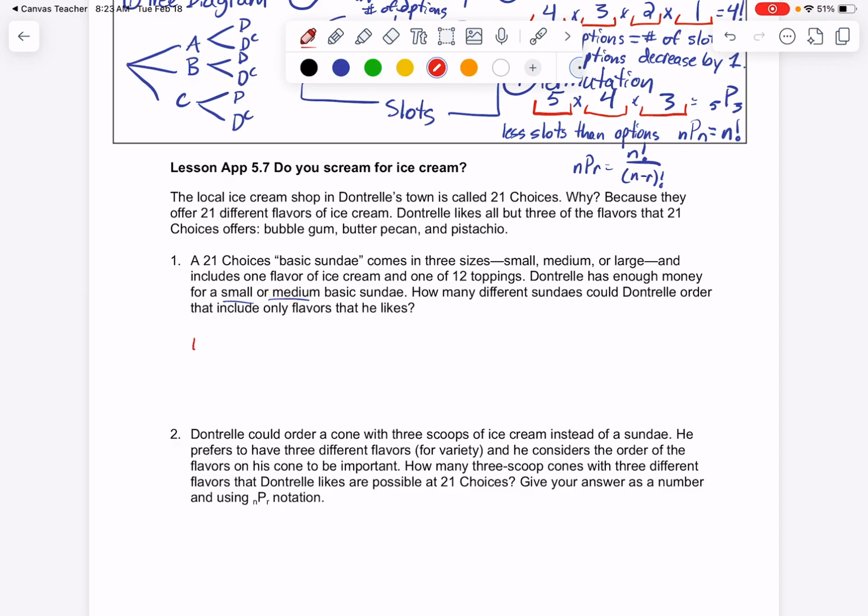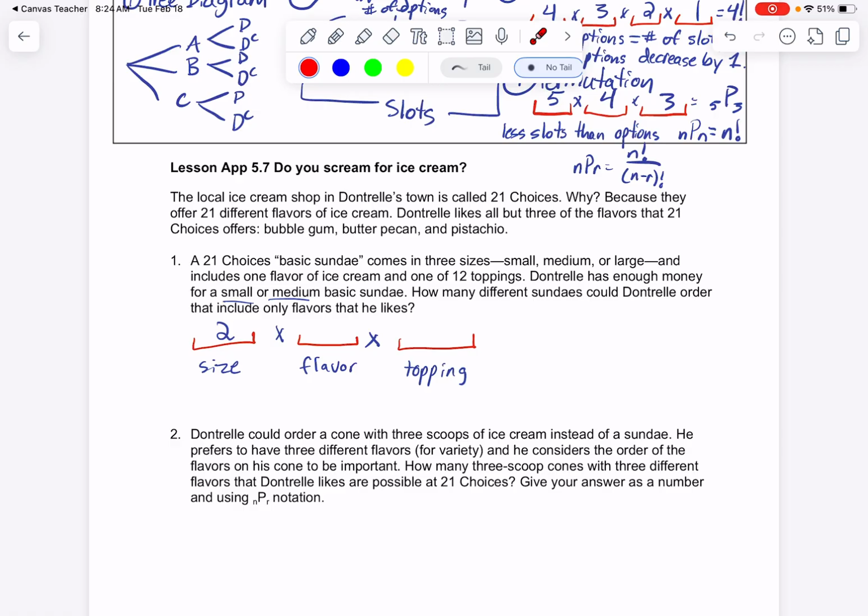So we have size as 1 slot, flavor as another, and then only 1 of 12 toppings. So we have 3 slots: size, flavor, and topping. We're going to multiply whatever's in there. We only have 2 size options because Dontrell can only afford a small or medium.